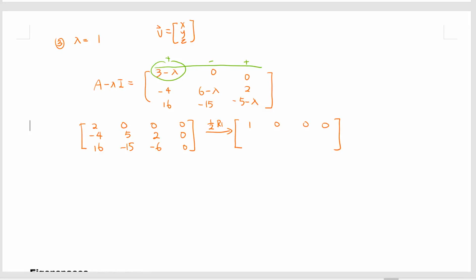Because it's 1, I can use it to kill the entry below it without worrying about changing the other entries. So far so good, everybody? By the way, I forgot to put, I'm doing 4 R1 add to R2, negative 16 R1 add to R3. By the way, can you see now the third row is 3 times the second row? So we can do 3R2 plus R3 to kill the third row.